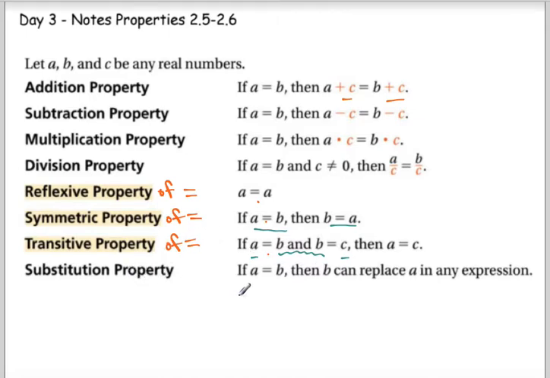The substitution property says that if A is equal to B, then B can replace A in any expression. So usually a substitution is replacing a small part of an expression or an equation with something that it is equal to. So we could replace A with B in an equation. Transitive property, the way it's different than substitution, because it is a lot like substitution.